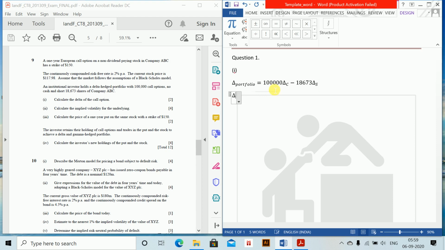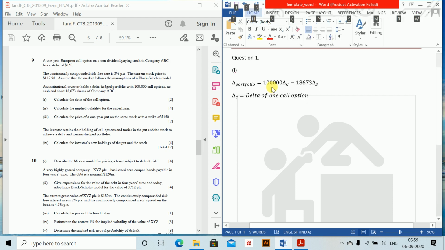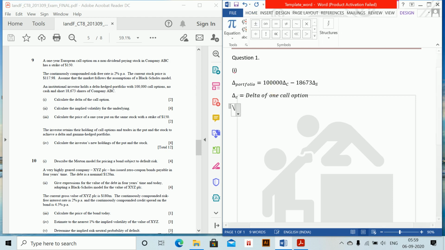Define delta_C as the delta of one call option and delta_S as the delta of 1 unit of stock.